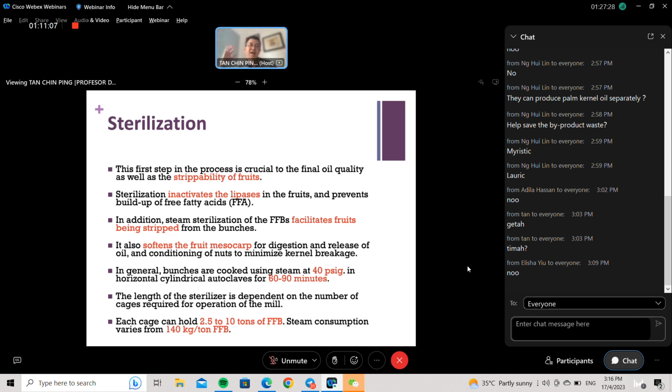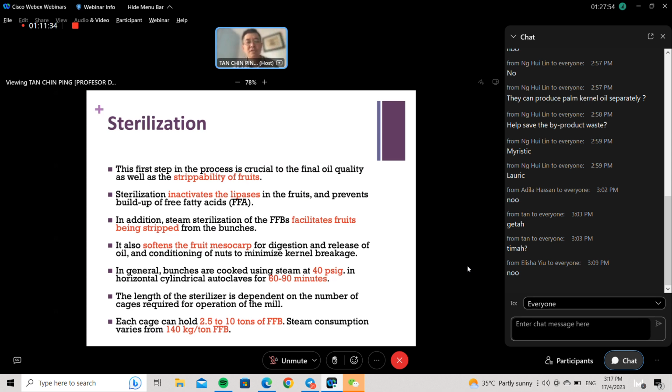So they are of slightly similar size, or similar system, that you are going to see in mills. In the mills, they have like railway track. The track is for those cages to move around to receive the fruits, to receive the bunches and then channel it to the sterilizer.